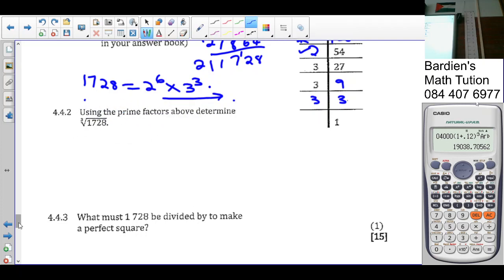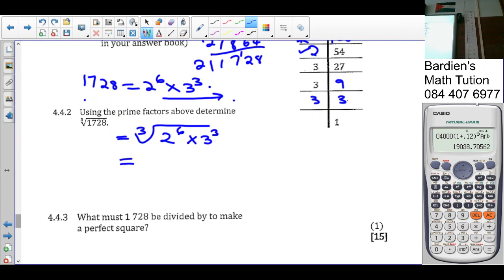So hence, determine the cube root of 1728. Now, the equal sign belongs here. So 1728 is 2 to the exponent 6 times 3 to the exponent 3.